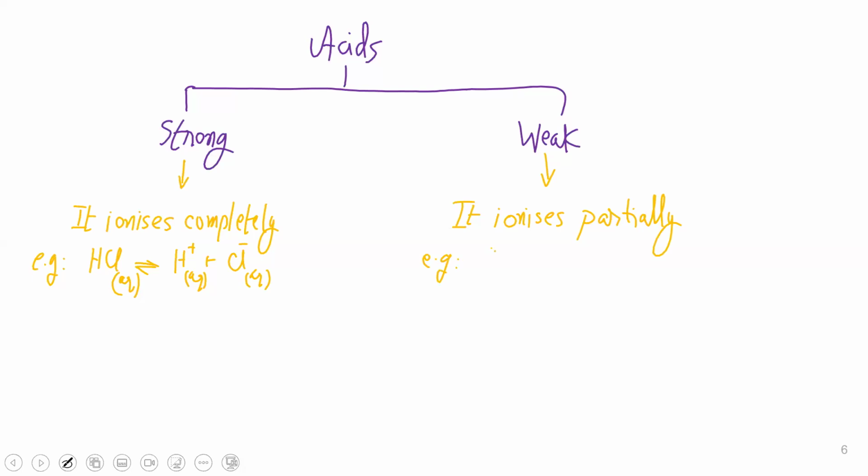So this is a weak acid, CH3COOH. It is the same acid which is in use in vinegar, in soups. It is also used indirectly in our soft drinks like cold drinks.